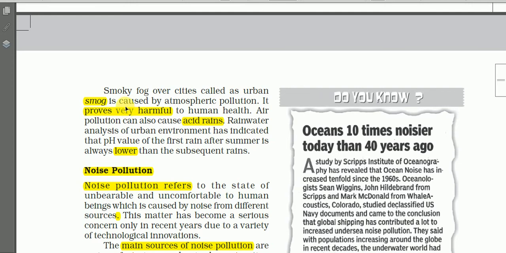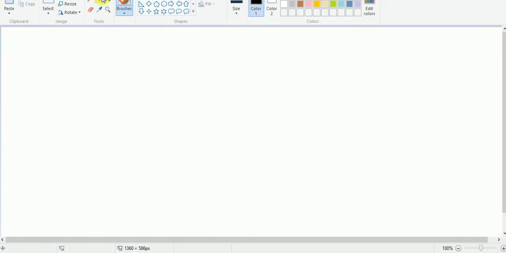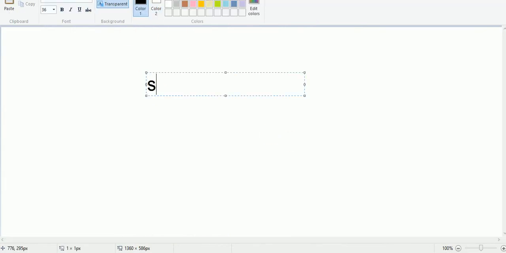And see here, on the environment, smoky fog over cities. Coal smoke, as urban smoke, is caused by atmospheric pollution, and it proves very harmful to human health. Smog is a combination of smoke and fog, as you learned in class 11.